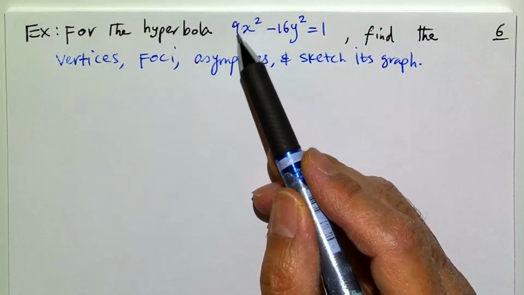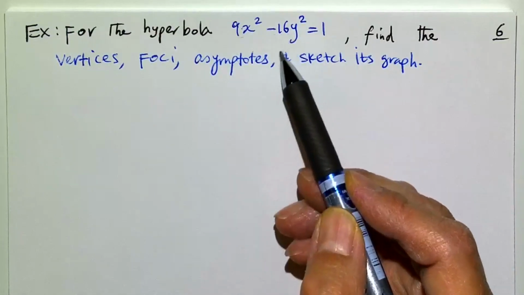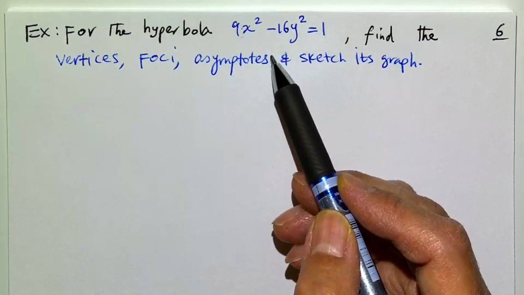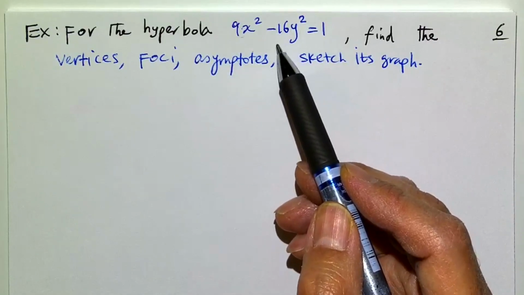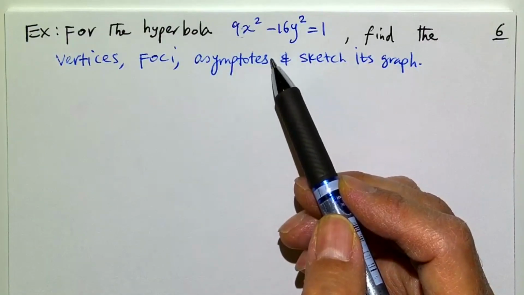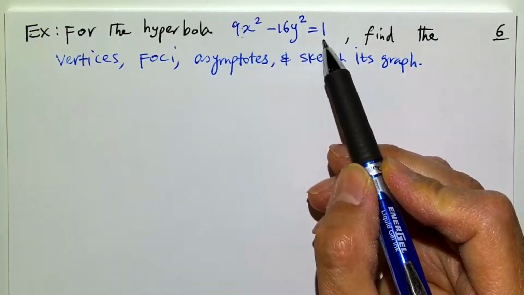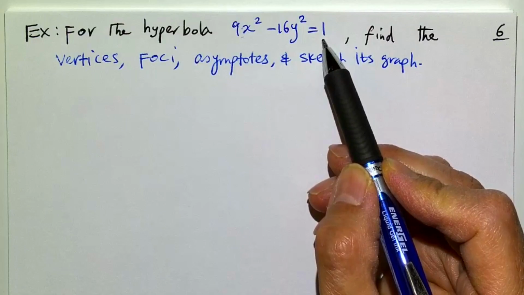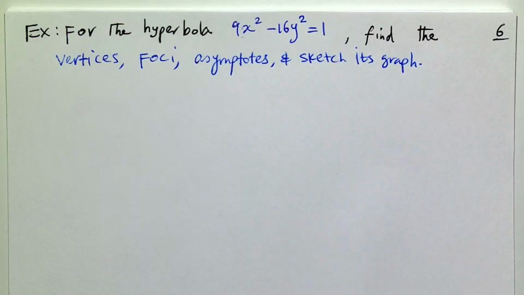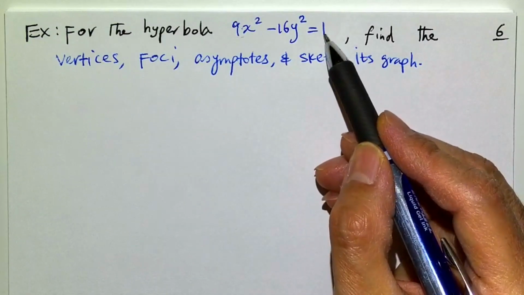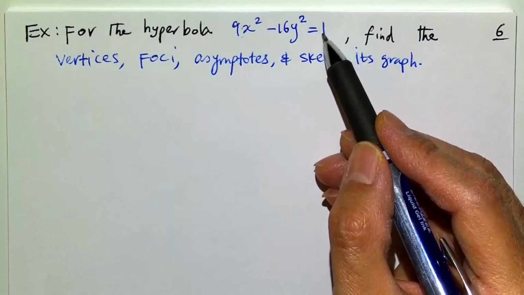In other words, 9 for x squared and minus 16 for y squared. So how do we deal with situations like this? Now, notice that the number on the right-hand side is still 1. So in order to end up with the standard equation for a hyperbola, we need the other side to be equal to 1. So the other side is already that.